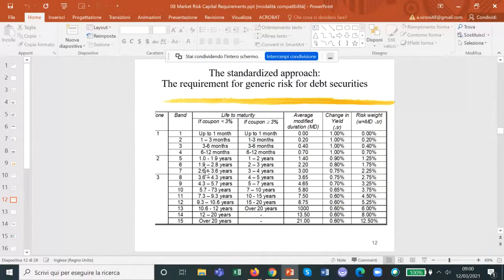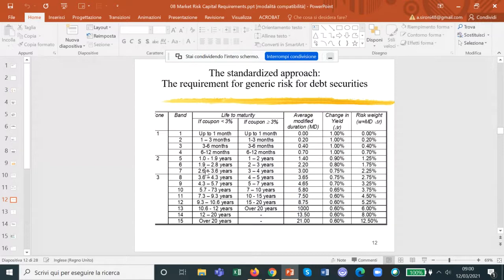into a system of 15 different maturity buckets, which are a bit lower if the coupon is larger than 3%. The idea being that lower coupon means, other things equal, a higher duration. Okay.